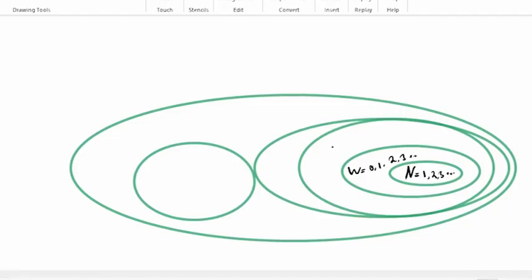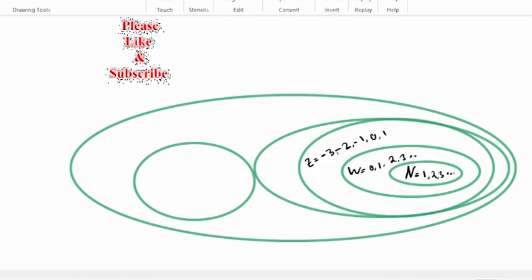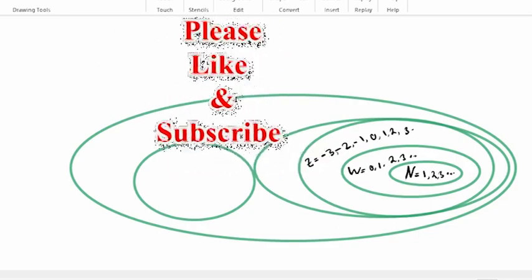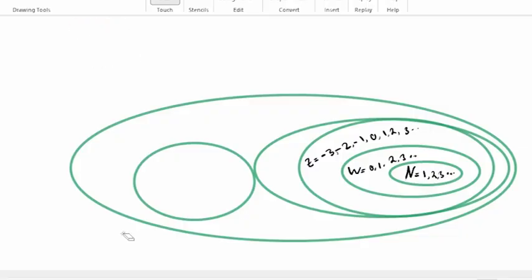Here we have integer numbers, Z equals minus 3, minus 2, minus 1, 0, 1, 2, 3, and so on. Here is rational numbers, for example 1 over 2, 0, 0.51, 2, and so on.